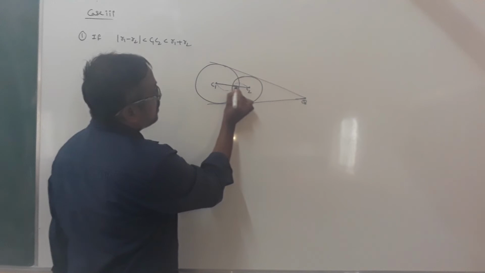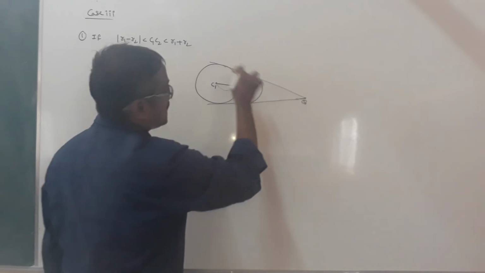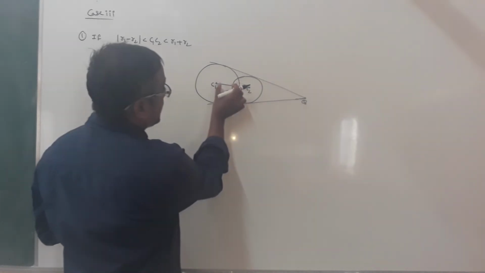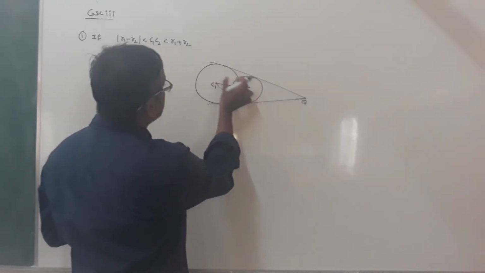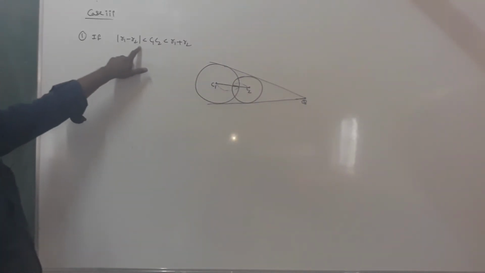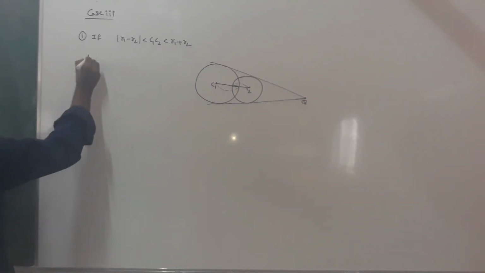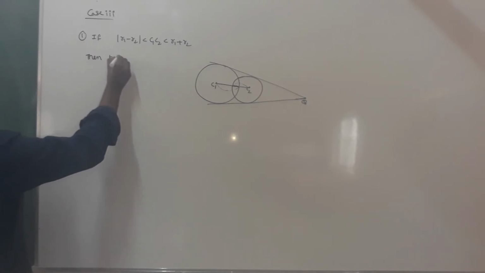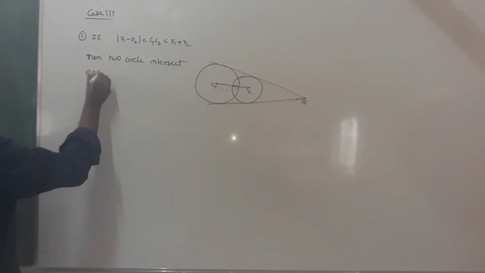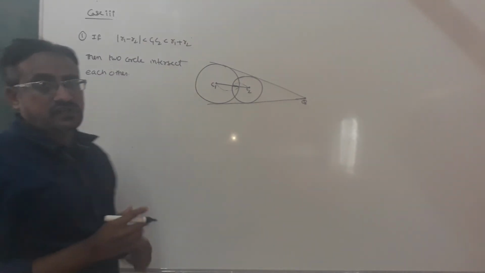This mod R1 minus R2 is always less than C1 C2, and C1 C2 is less than R1 plus R2. So if mod R1 minus R2 is less than C1 C2 is less than R1 plus R2, then the two circles intersect each other. Very important concept for objective exams.